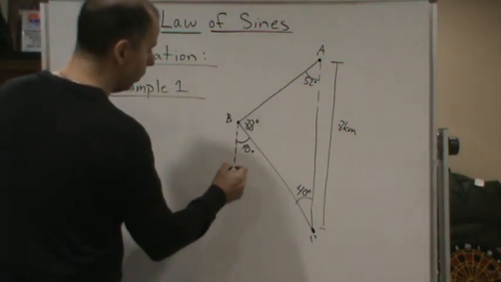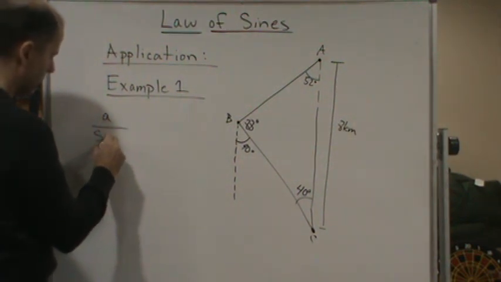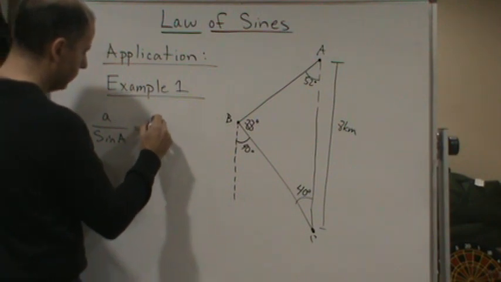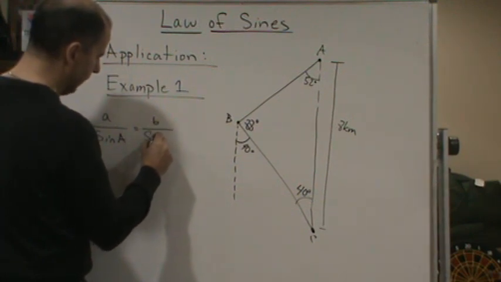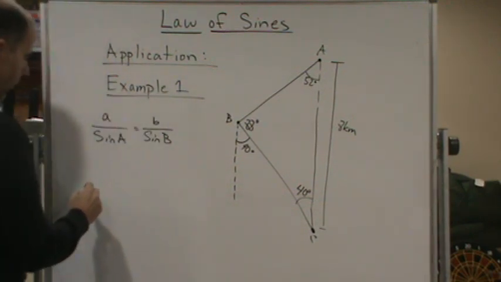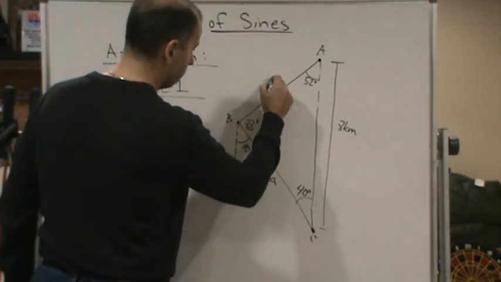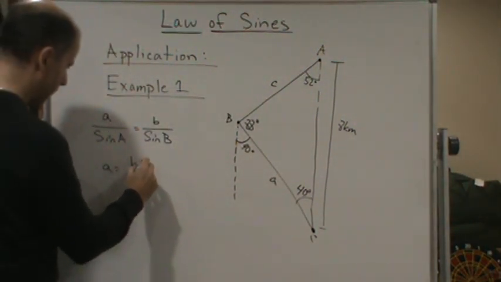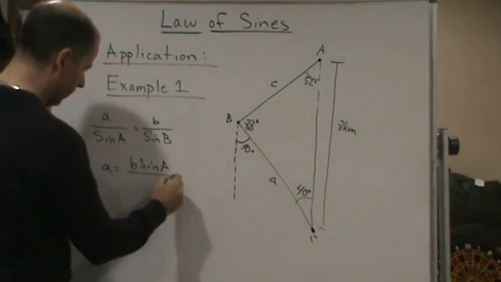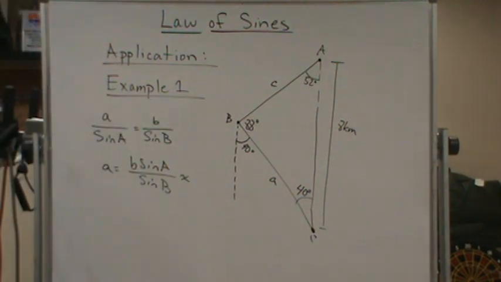So we know these two, so let's do A over sine A equals B over sine B. And so that means A is going to equal B sine A over sine B.